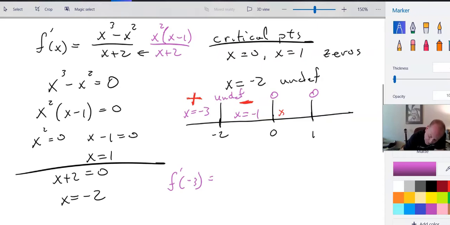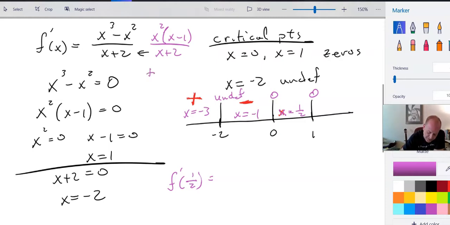Okay, over here, with this interval between 0 and 1, I'm just going to pick x equals 1/2, right? And again, you don't have to have the exact value. You just need to know the sign. So it's a matter of working out the sign. This one, being a fraction, might be a little bit tougher, but it's still about the sign. So just look at each factor if it's positive or negative. 1/2 squared is positive, right?